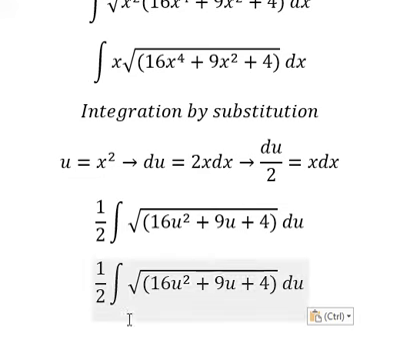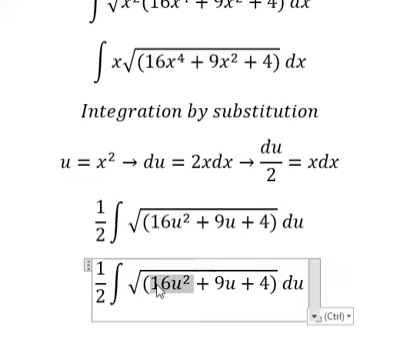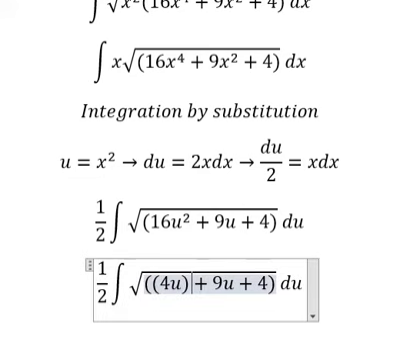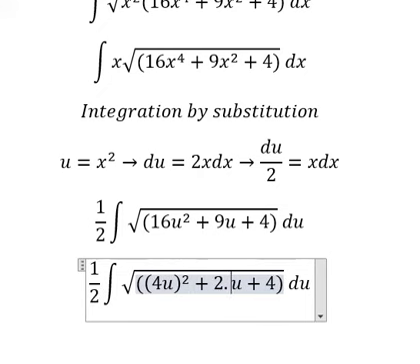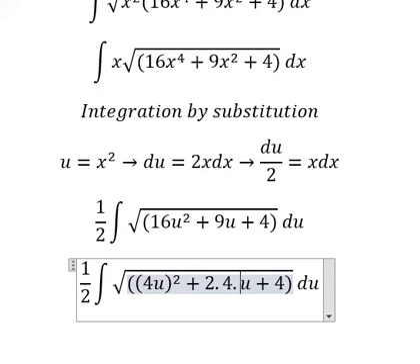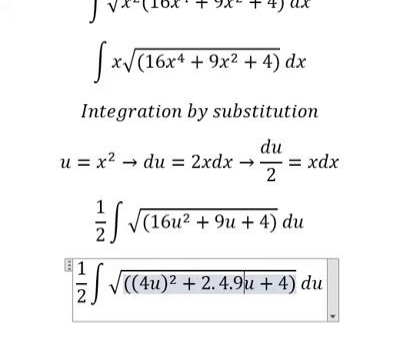Next, this one is u to the power of 2. And now we need to create 2 multiplied by 4 multiplied by 9 over 8.